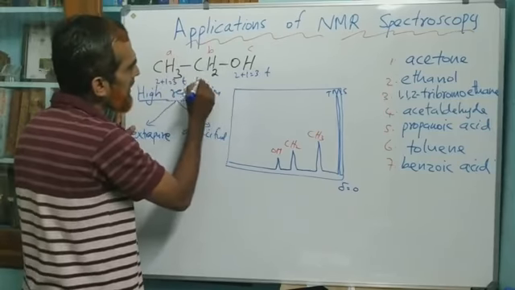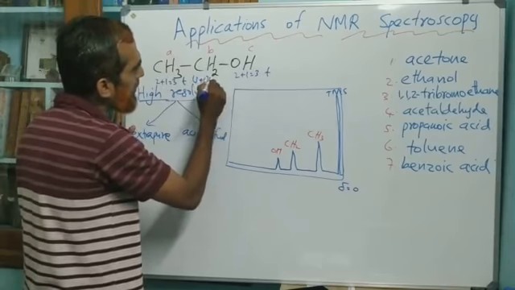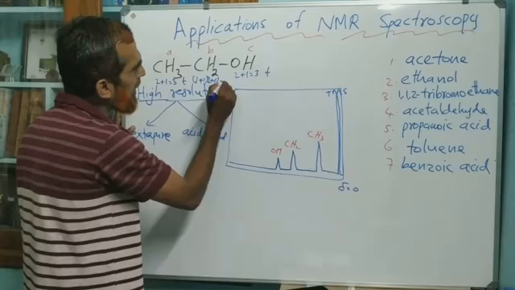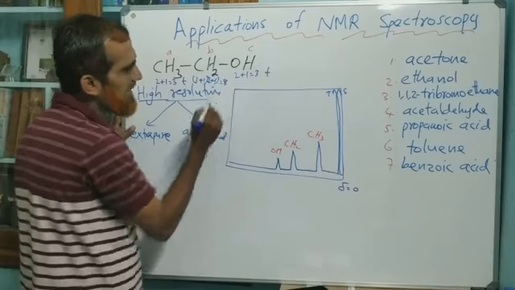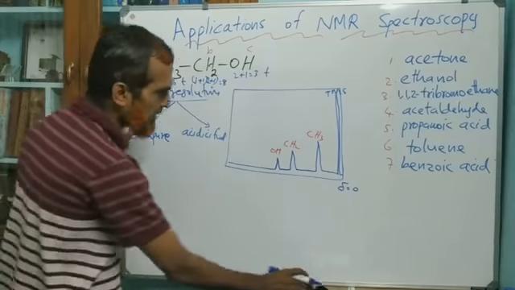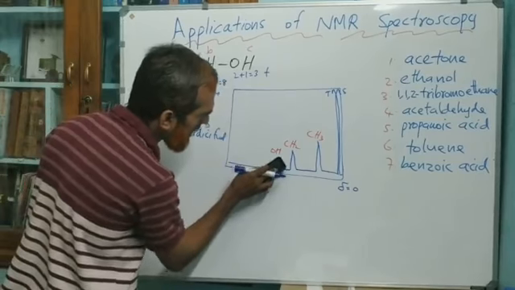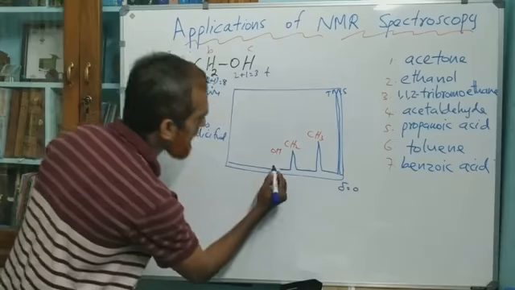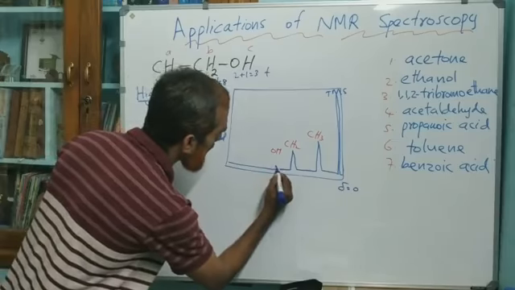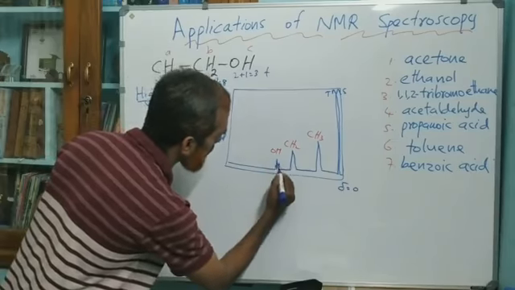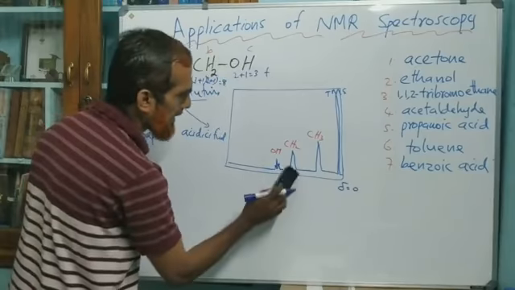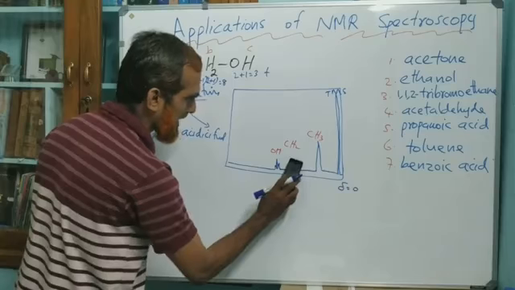So how many? 3 plus 1 into 1 plus 1 equals 8. It will be an octet. So let us show the spectrum now. This will be a triplet, in the ratio 1:2:2:1, like this. Now this will be an octet.